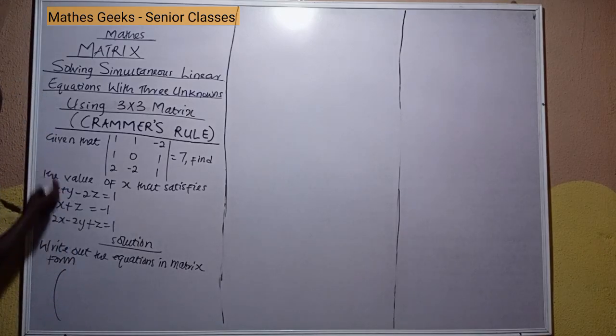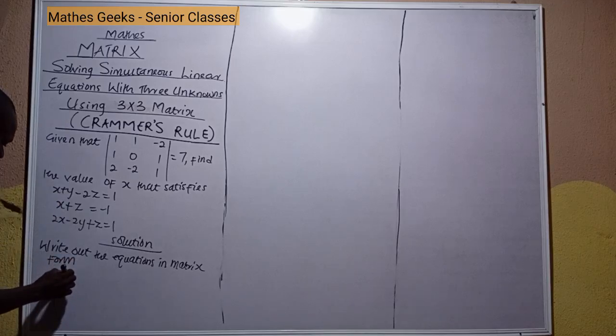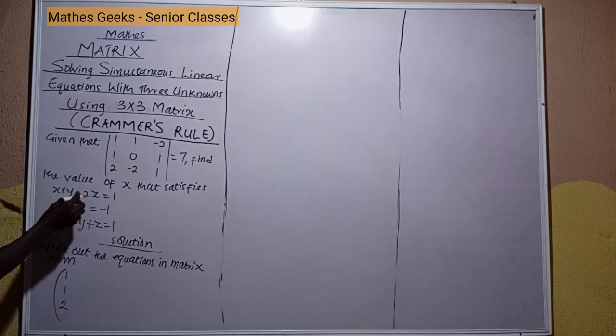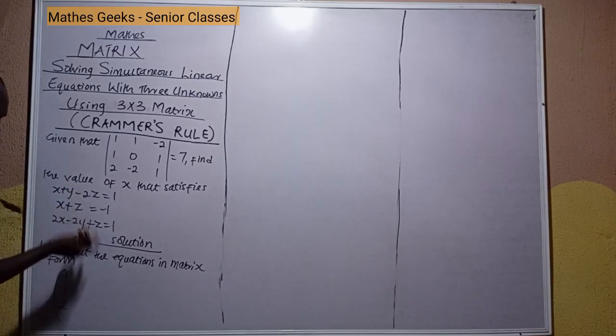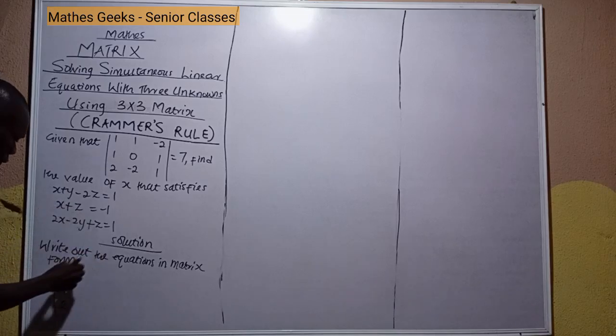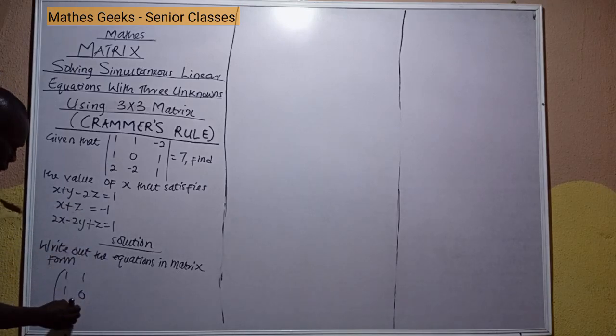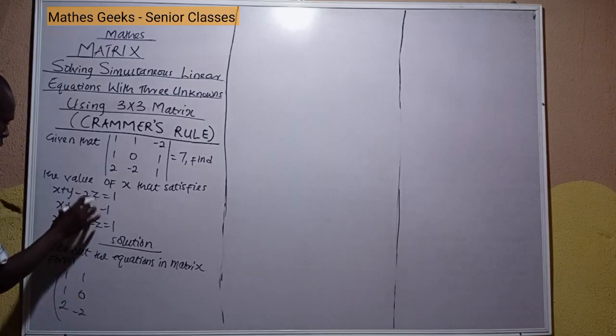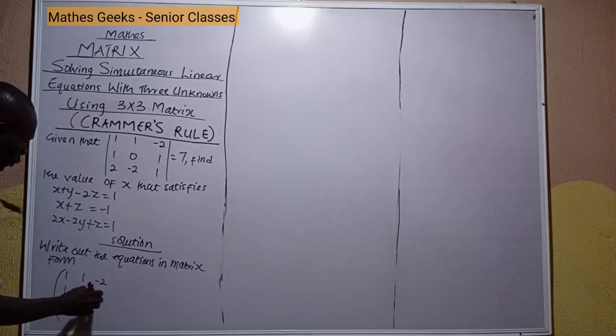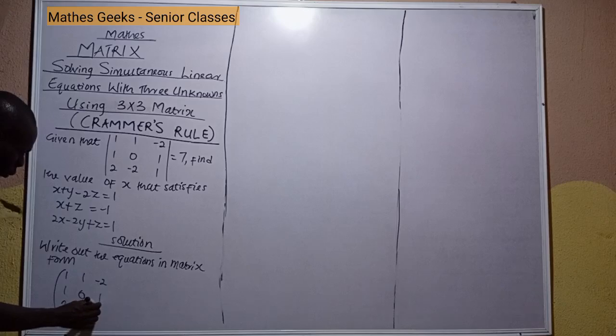So if you go over this one vertically, x is 1, x is 1, and 2, and in this second equation, there's no y, so that means 0. So y is 1, 0, minus 2, and then minus 2, 1, and 1.